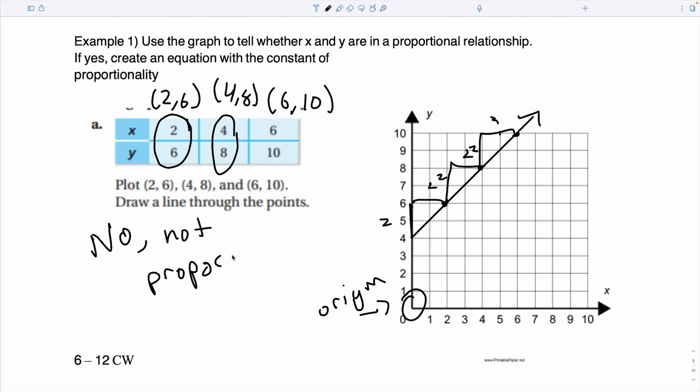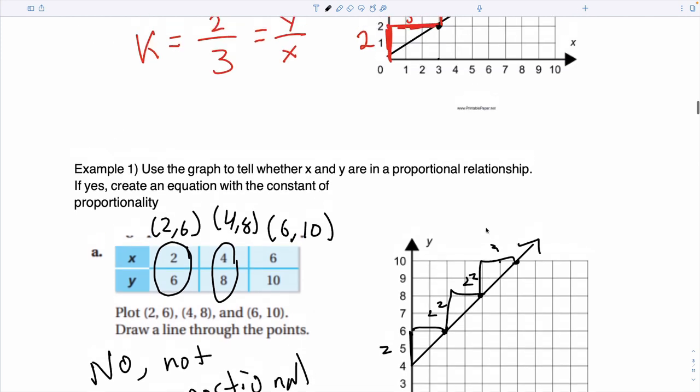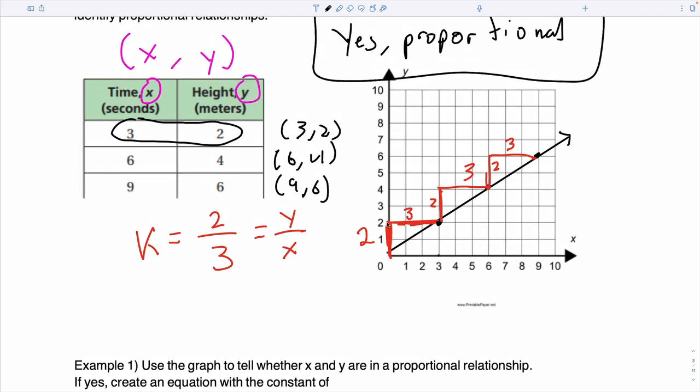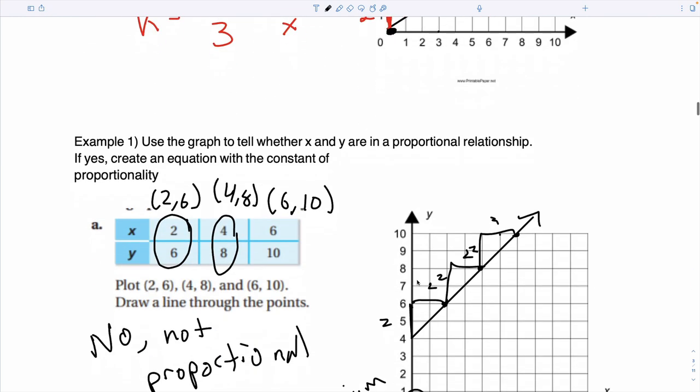For something to be proportional, it has to have two things every time. It has to have a constant rate of change. It has to go up like a staircase, and it has to start at 0. If it doesn't start here, it's not proportional. If it doesn't start at 0, it can't be proportional.